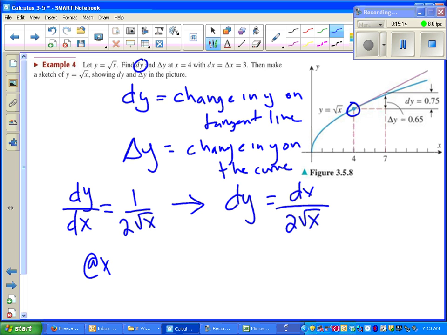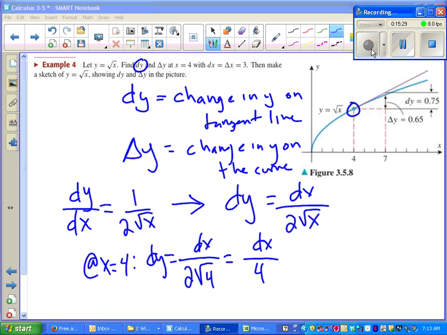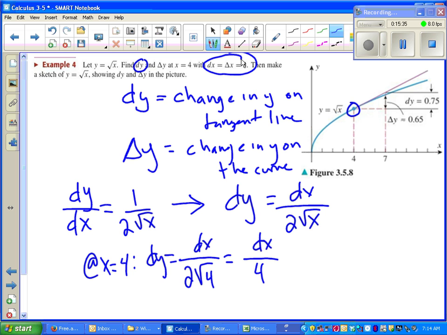So at x equals 4, dy would equal dx over 2 times the square root of 4, which is dx over 4. The problem tells us that we're interested in a change in x of 3. So I can put in my 3 for dx. And my dy is really 3/4.